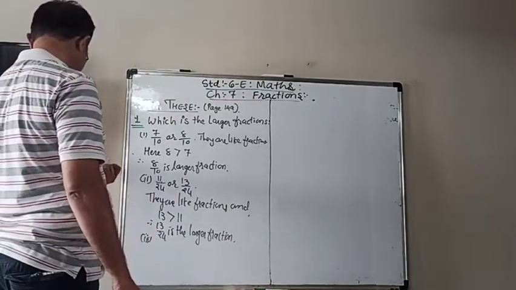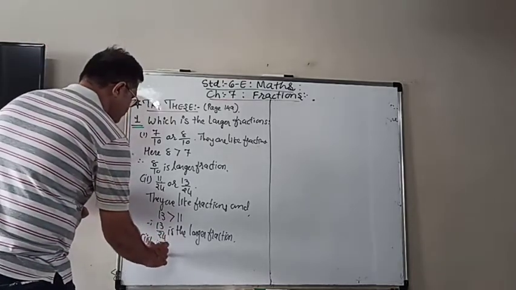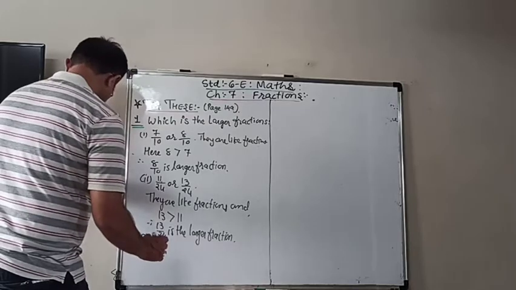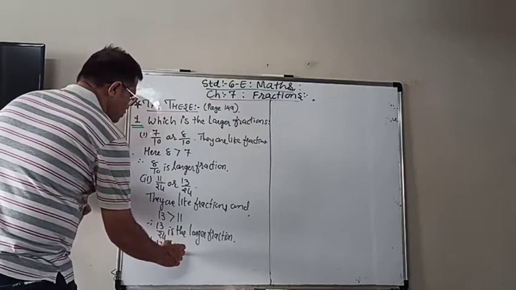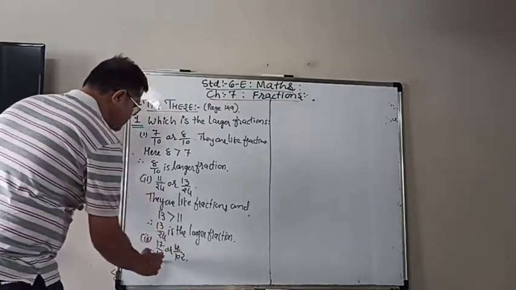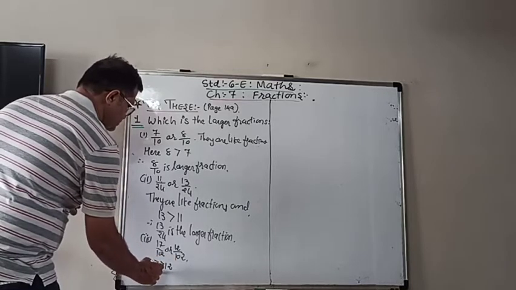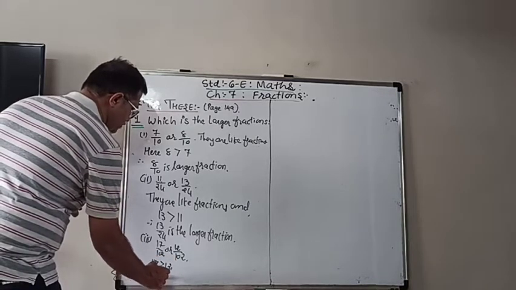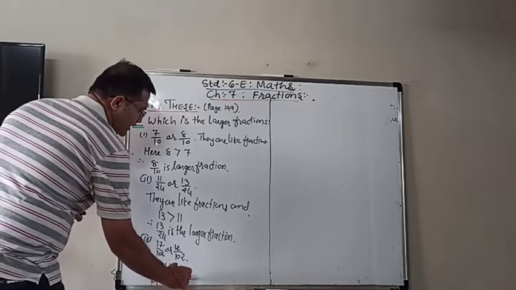Third is 17 upon 102 or 12 upon 102. So here you can see that 17 is greater than 12. Therefore 17 upon 102 is the larger fraction.